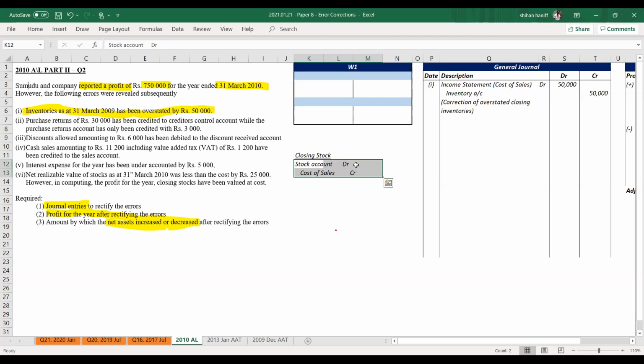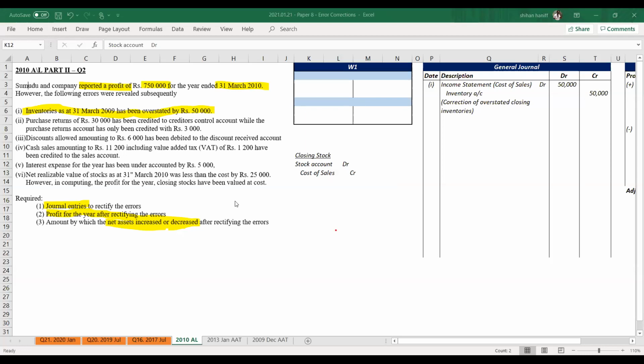We correct the entry. We adjust the profit through the cost of sales, and we deduct from the inventory. The income statement is debited because from the profit we have to deduct.